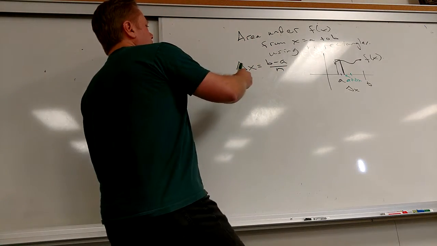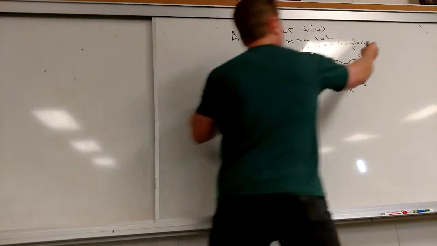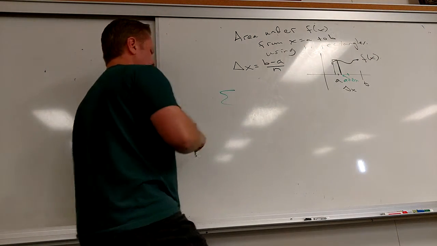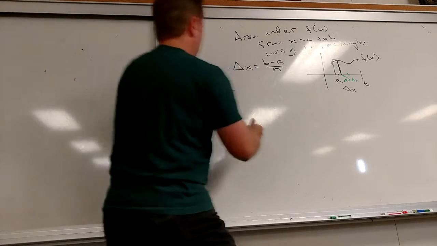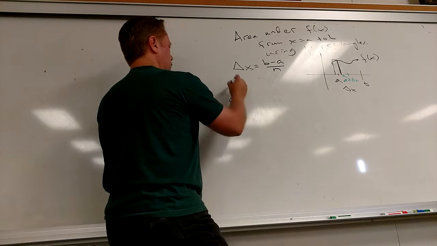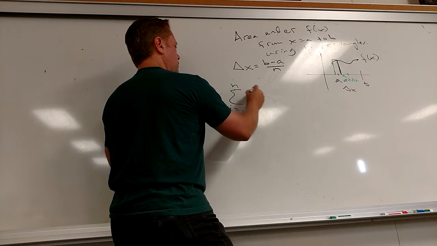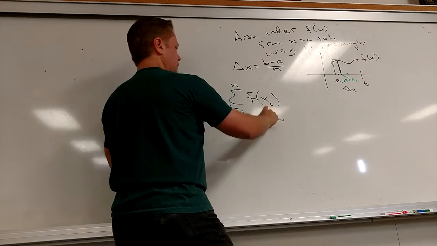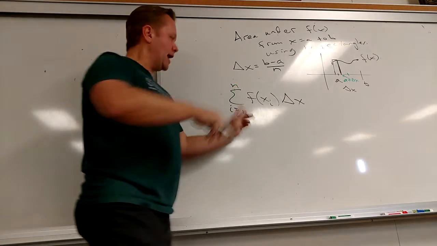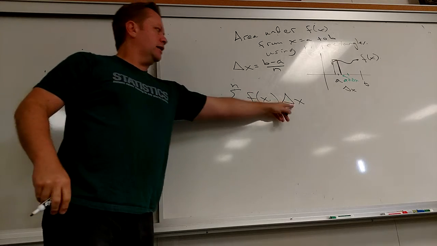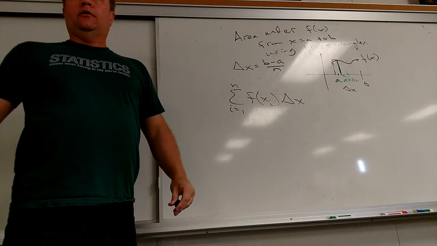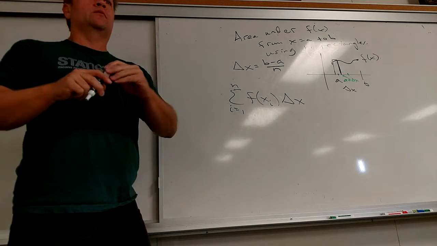So, let me be a little less specific here for this first step. Let me do this with the better pen. If I add up, i equals 1 to n, all the function values, that's the height, times the widths, if I add up every height times the width for all n rectangles, what will that give me?